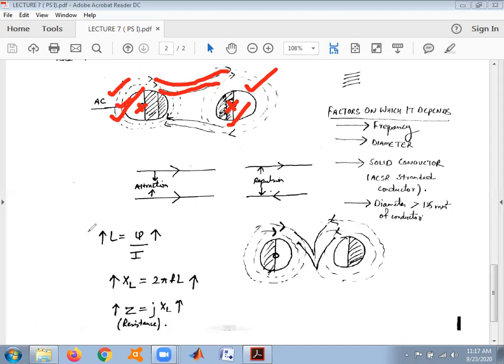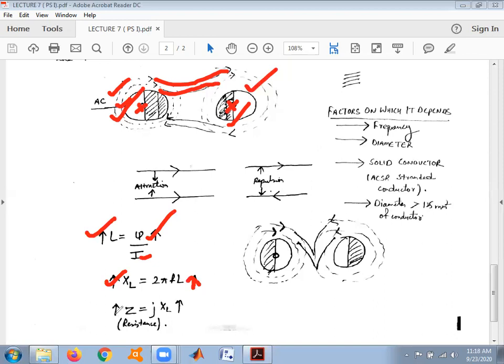The formula for inductance is the rate of change of flux linkage with respect to current. The value of inductive reactance is 2 pi f L. As the inductance increases, the inductive reactance also increases. The impedance is j XL. As XL increases, in the end the impedance increases, which is also known as resistance.